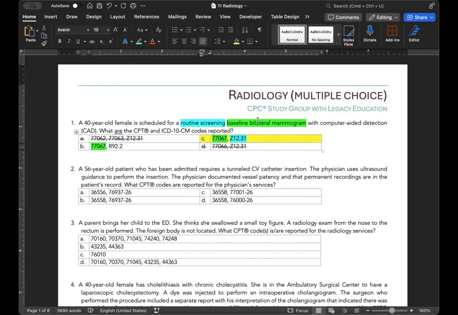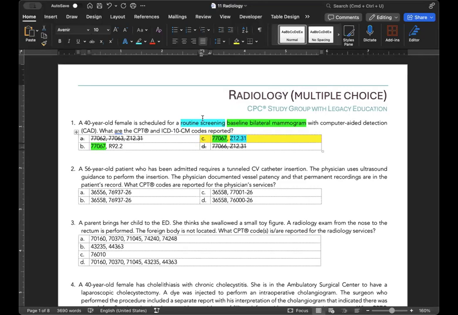Tiffany, I have a question. Yes, ma'am. So the main word in this is screening, not so much the 2-view study? Right. Because if you look at the 77067, that's our screening. If you look at the 77066, that is diagnostic, bilateral, that's for diagnostic.